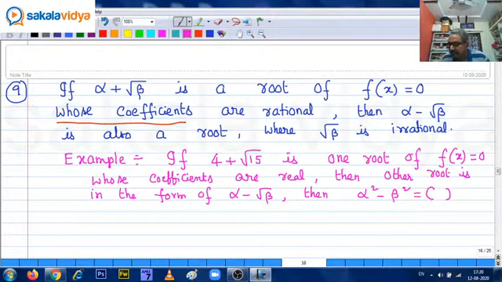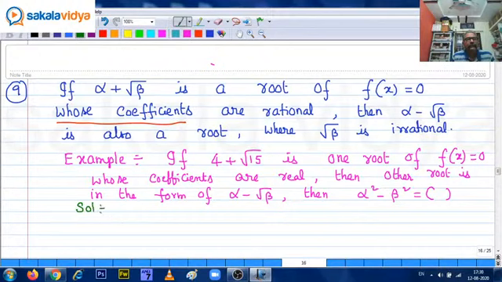This is the question. First observe the question I have given. My intention is that we need to find alpha square minus beta square.